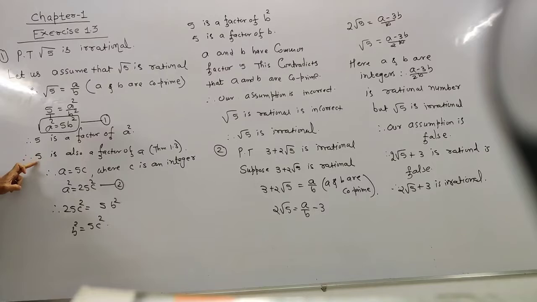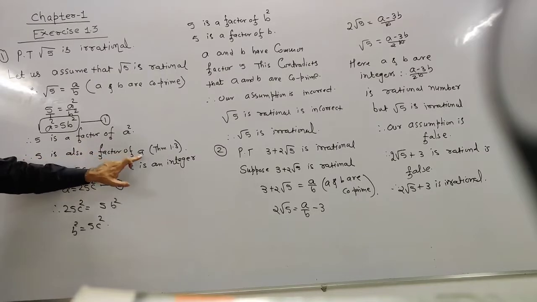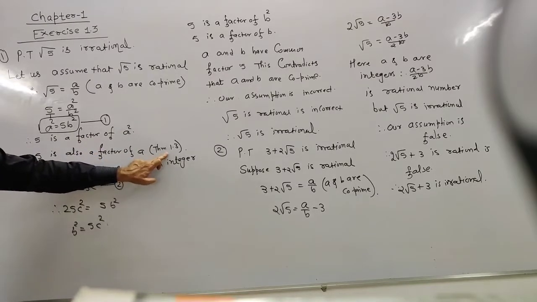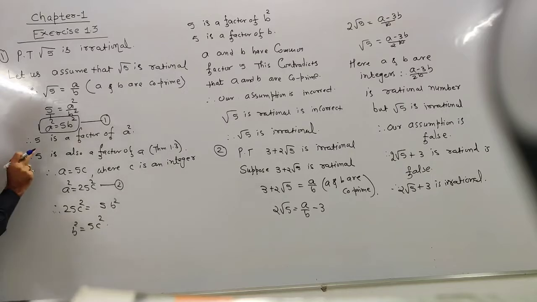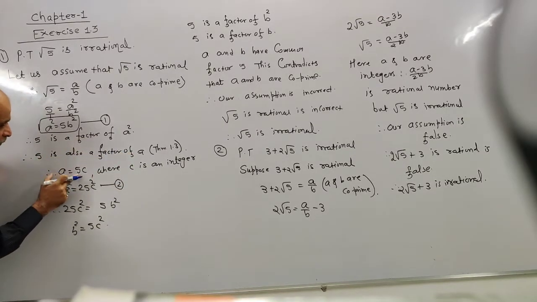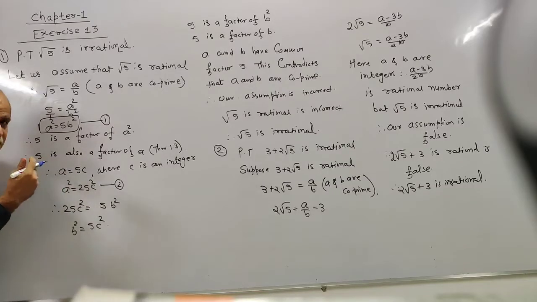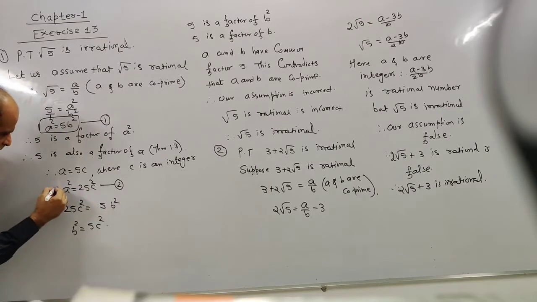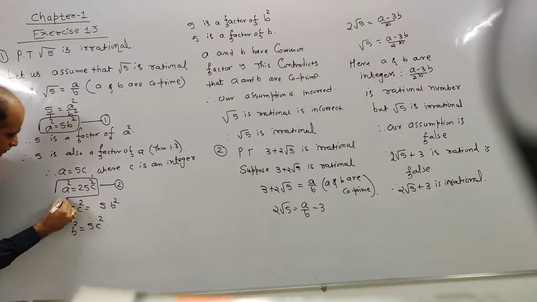So on the basis of theorem number 1.3, 5 is also a factor of a. So you can write a is equal to 5c, because a is a multiple of 5. So a square is equal to 25c square, and this is known as box number 2.